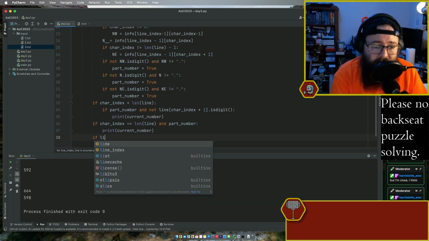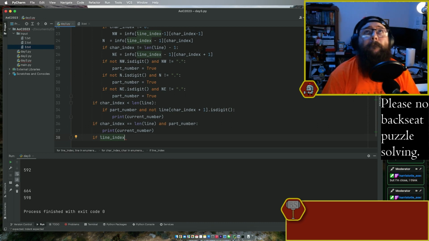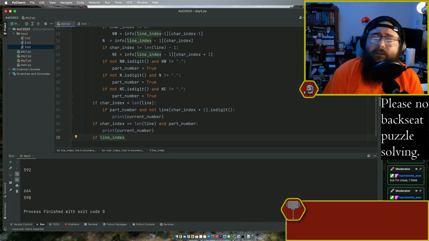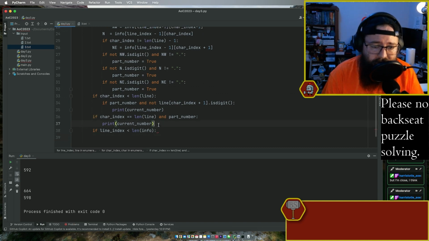So if line index. I was thinking if maybe I could come up with a nice way.